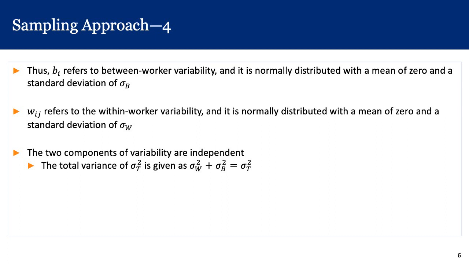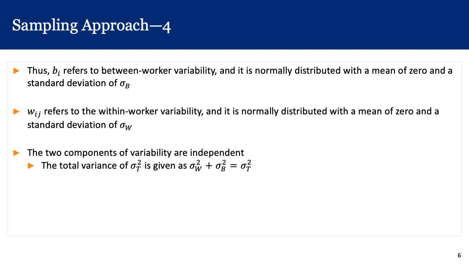Thus, b sub i refers to the between worker variability, and it is normally distributed with a mean of 0 and a standard deviation of sigma sub b, and this is the between worker standard deviation. Wij refers to the within worker variability, and it is normally distributed too, with a mean of 0 and a standard deviation of sigma sub w.